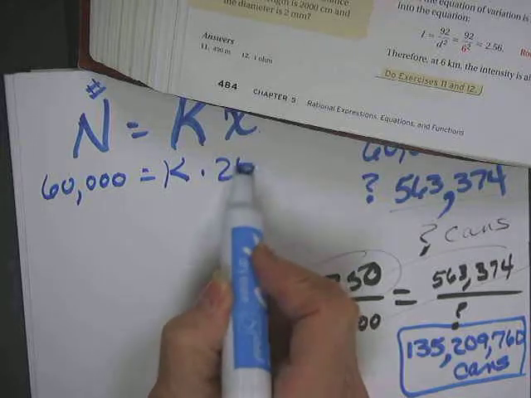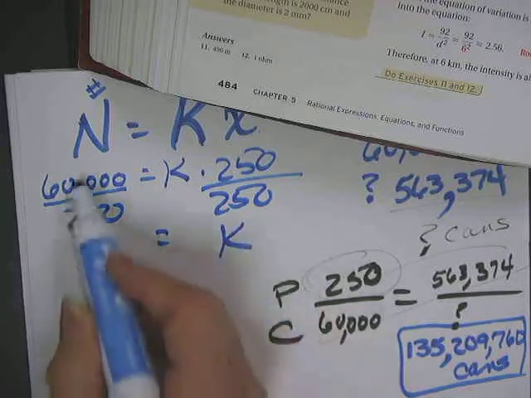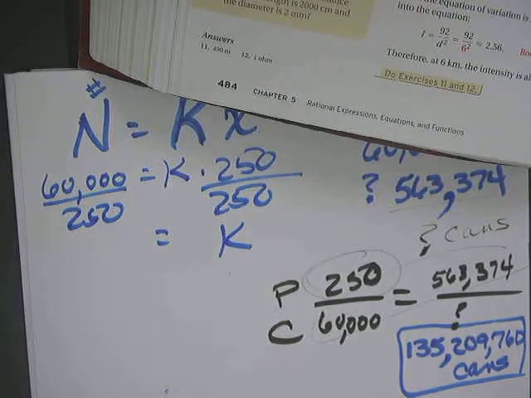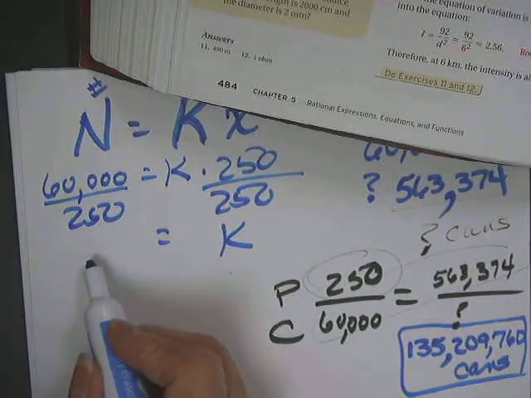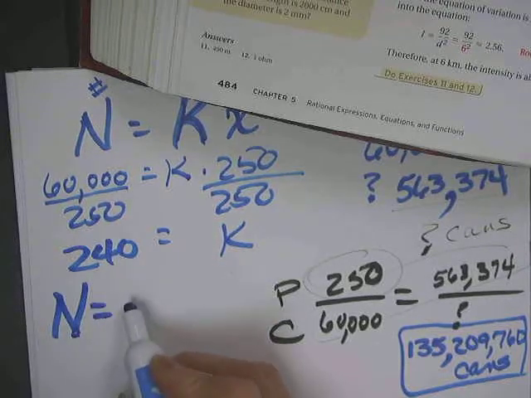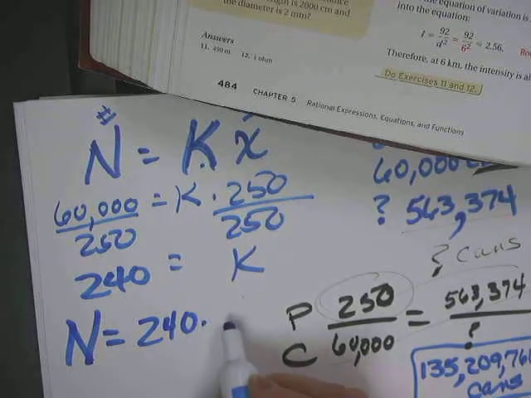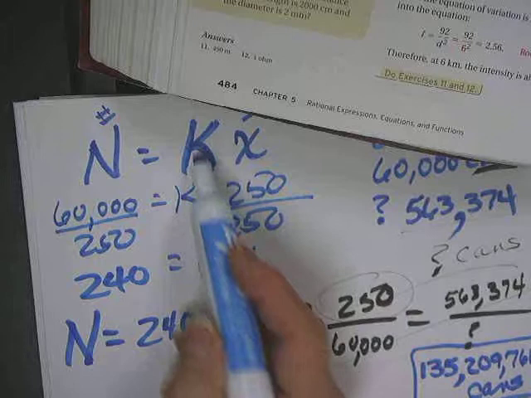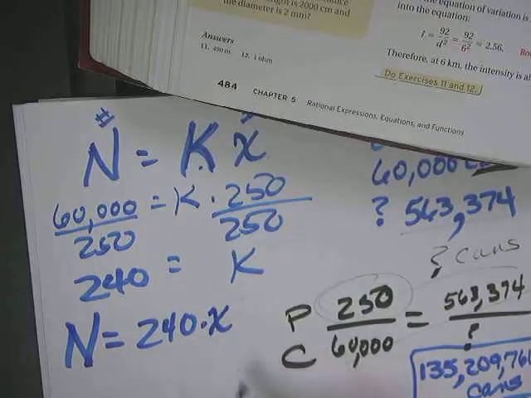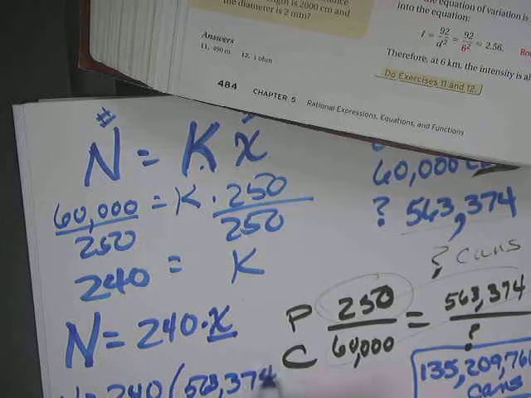If we did it using, sorry, this right here, we have 60,000 equals K times 250. What is our constant of variation? 60,000 divided by 250. 240. So N equals 240 times X, where 240 is K and X was the number of people.